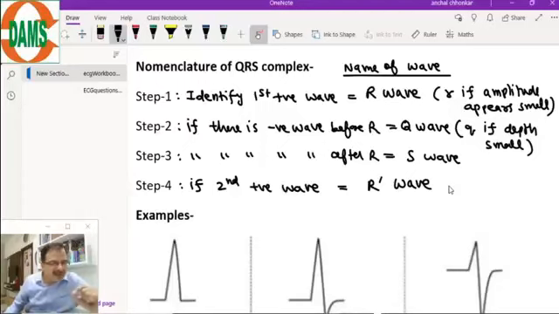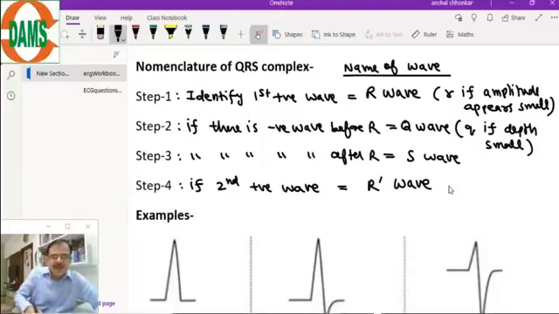How small? This is only defined for the R wave: less than 5 mm in height, call this small r. But that will be obvious from the examples. So if you have understood these steps, now let's do the quiz for you and name these waves, and that will be the examples.